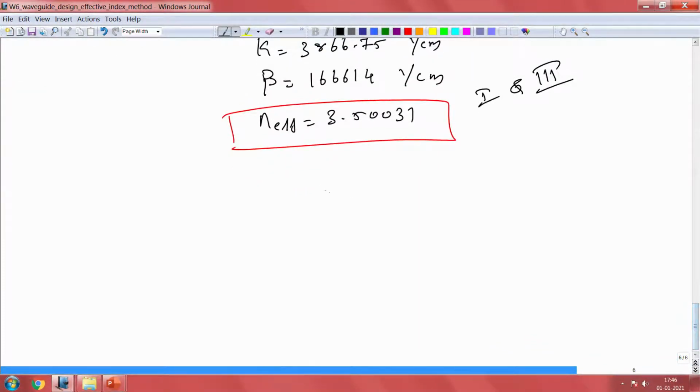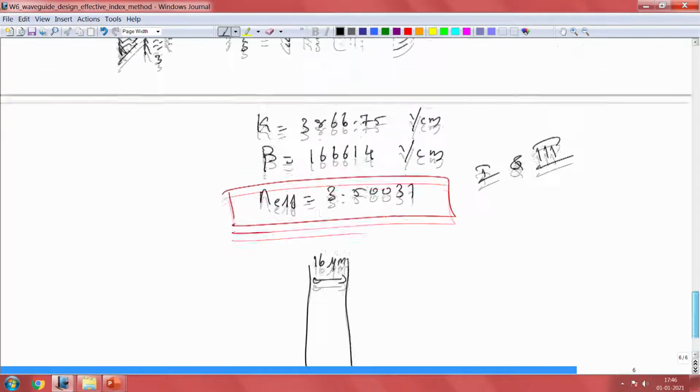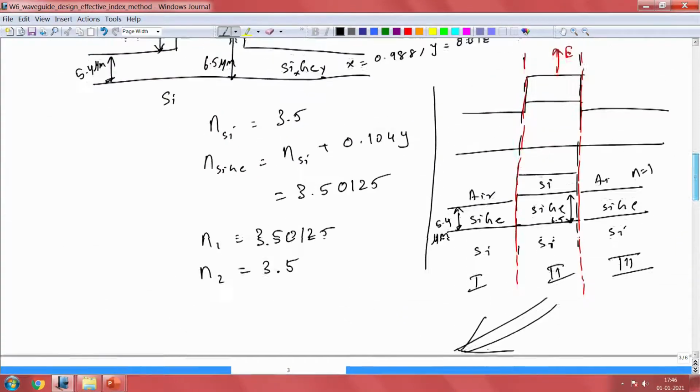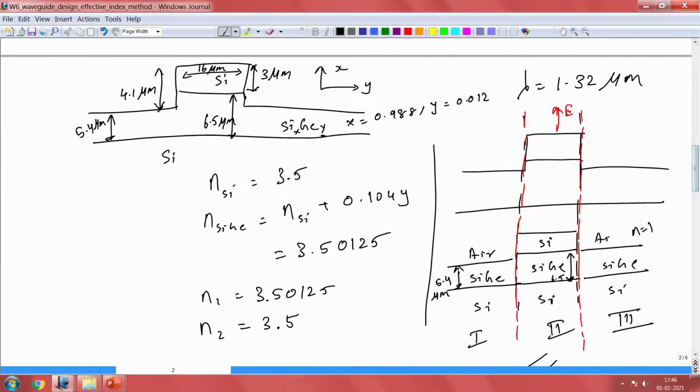That is going to be vertical in nature. We are going to have this vertical slab, and this is going to be 16 micrometers wide. That is our waveguide width. The first step was to look at individual sections, and now we are looking at a complete slab.